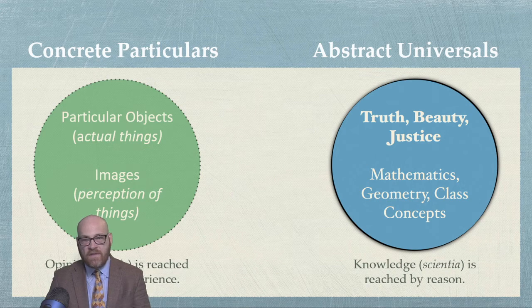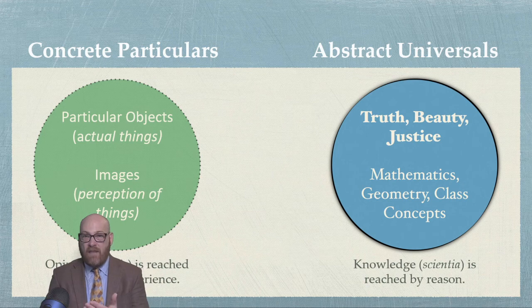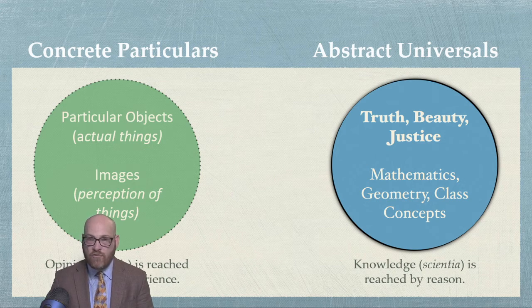Then we have on the other side the abstract universals. These exist in another world without space or time. So at the lower class of the divided line, you'd have things, like I said, mathematics, geometry, class concepts. But then at the higher level, you have truth, beauty, justice, goodness.